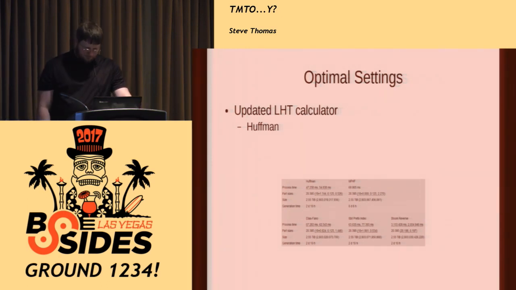The one that's the fastest is Huffman encoded. Then minimal perfect hash functions, then Elias-Fano, and then 8-bit prefix indexes. That's 48 bits for the pointer, and then 16 5-bit pointers. And then Bloom reverse is last.